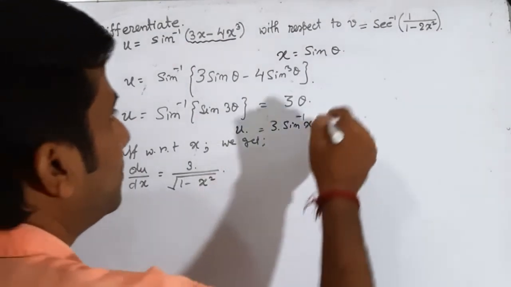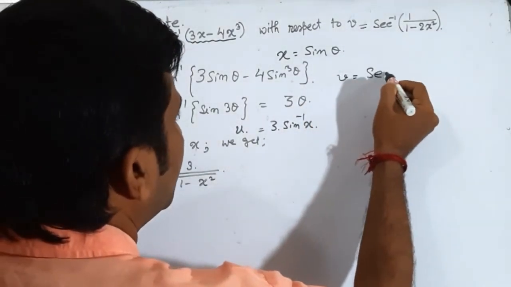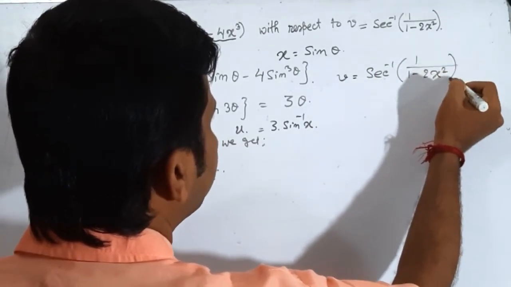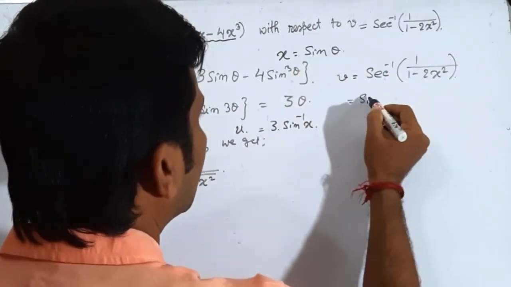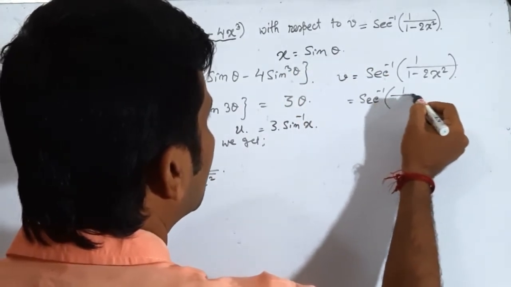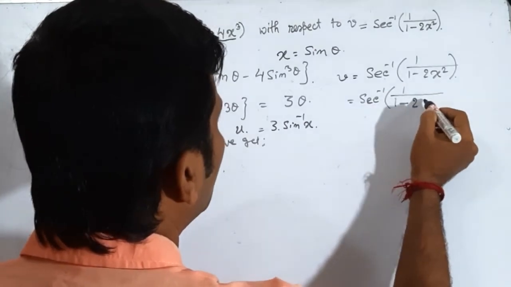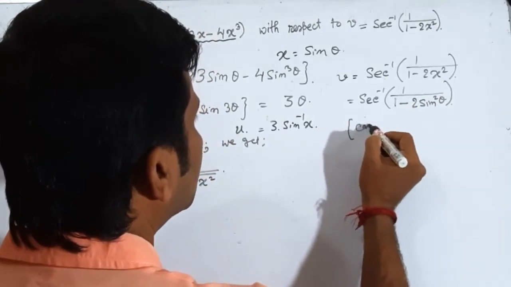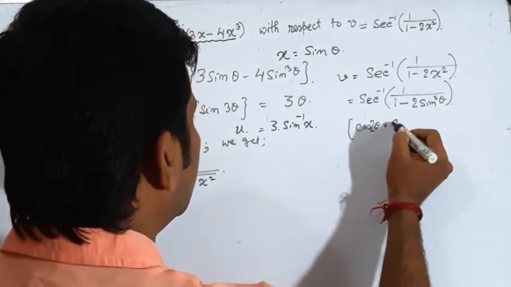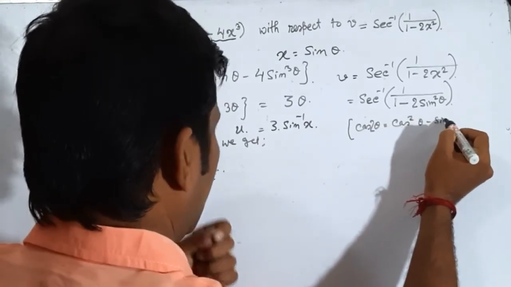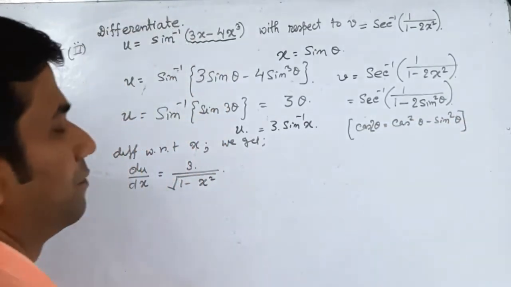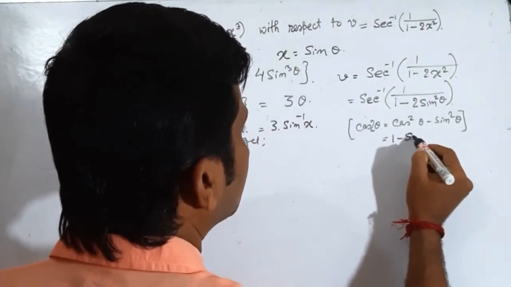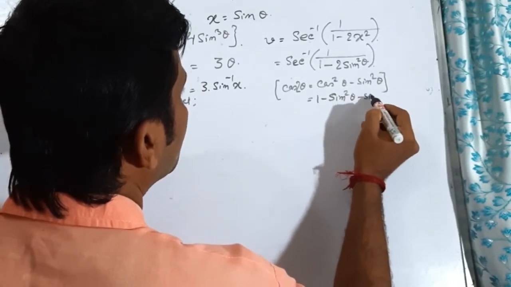Now, in the case of v is equal to sec inverse 1 by 1 minus 2x square, putting x is equal to sin theta, we get sec inverse 1 by 1 minus 2 sin square theta. We know that cos 2 theta is equal to cos square theta minus sin square theta. Cos square theta means 1 minus sin square theta minus sin square theta.